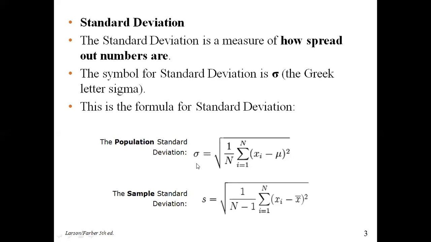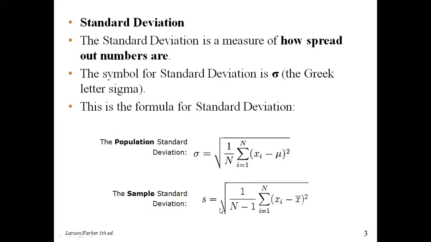For sigma, we can use this formula: sigma equals the square root of (xi minus mu) whole square. It is generally represented as the square root of 1 by N, summation i equals 1 to N, (xi minus mu) whole square.